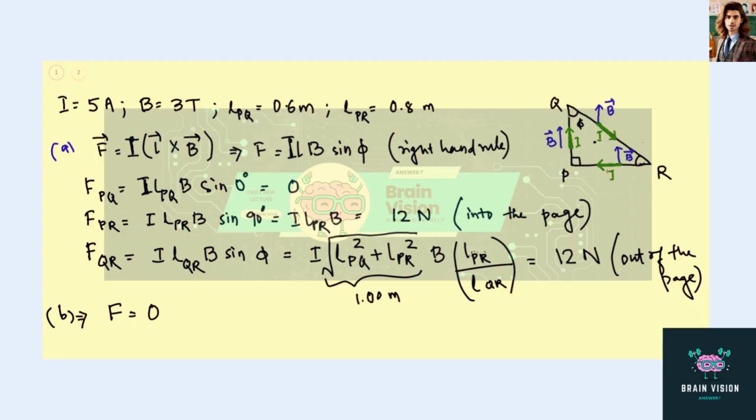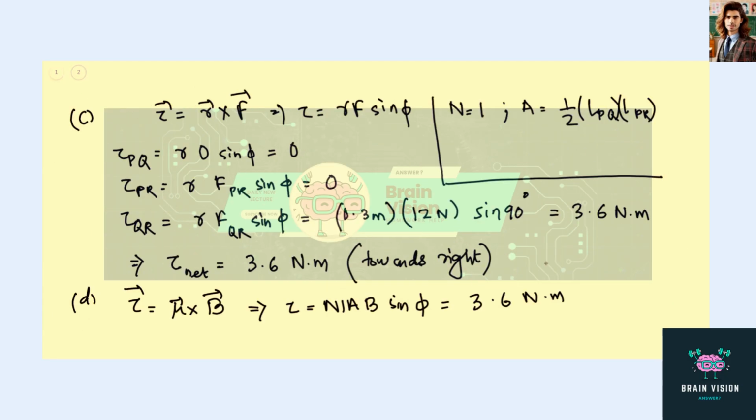If you apply it over here, you'll see that the moment is into the paper and the magnetic field is directed upwards. Applying the right hand rule to that, we get the torque to be also towards the right. So both the magnitude and direction we calculated here agree with part C.